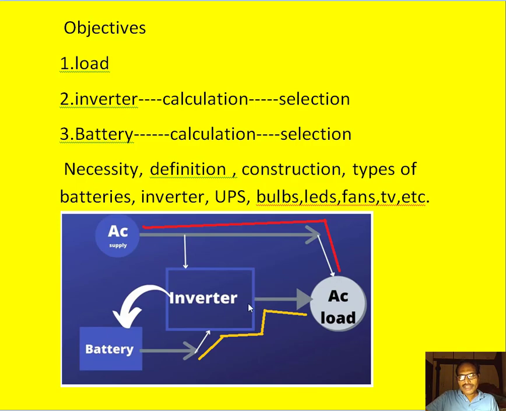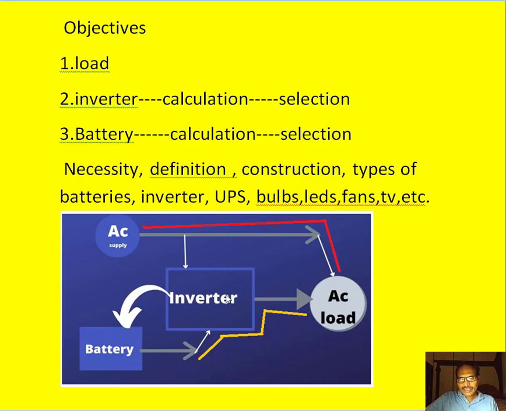Means we can see that the power supply to the AC load from the main lines is cut off, and also we find that there is a supply coming from the inverter to the load, so there is a gap which we can observe between the power cut and the power resumed by the inverter.